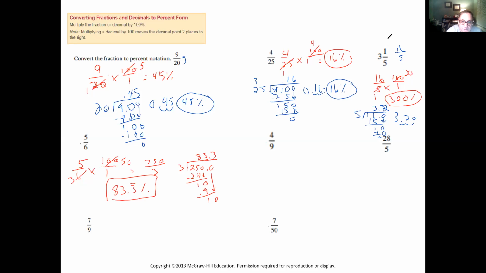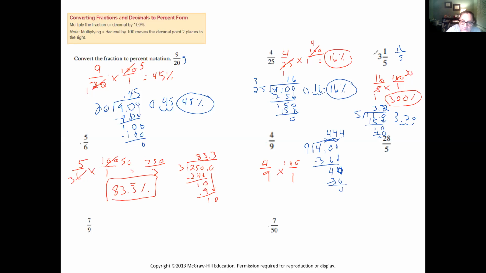4 ninths. This is how you would set this one up, but I'm just going to do this one the other way just to get both ways. This is 0.444 repeating.